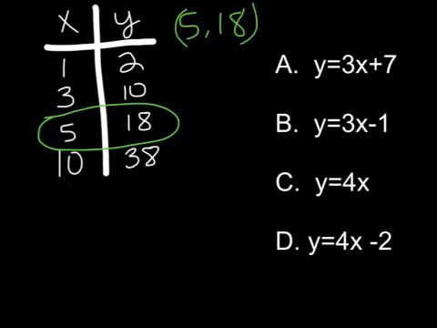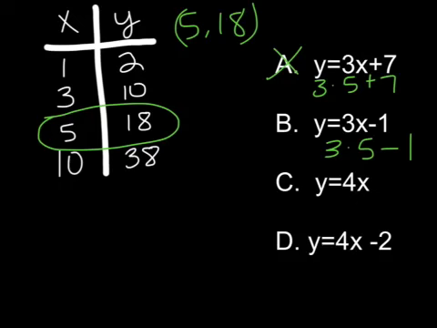Hopefully, we won't have to do that. So let's look at the first one. 3 times 5 plus 7. Well, 3 times 5 is 15, and 15 plus 7 is 22. Does that work? Absolutely not. Now, on B, we have 3 times 5 minus 1. Well, 3 times 5 is 15, and 15 minus 1 is 14.